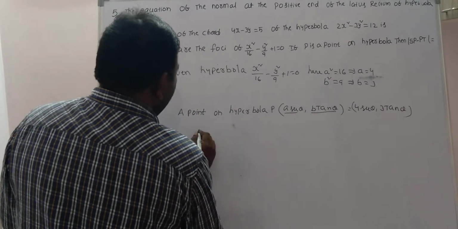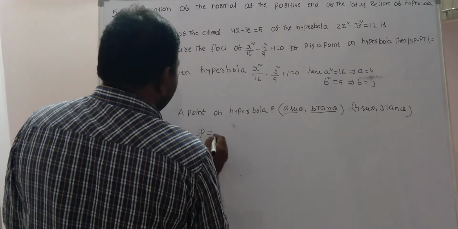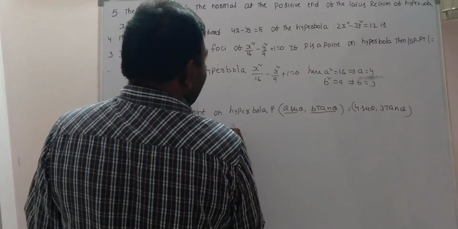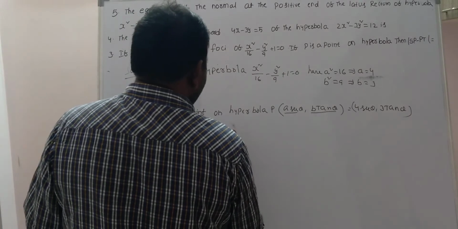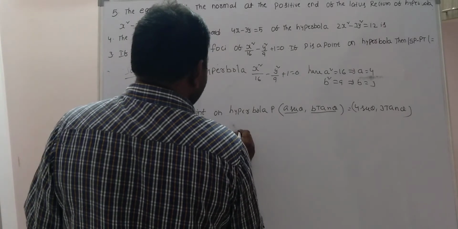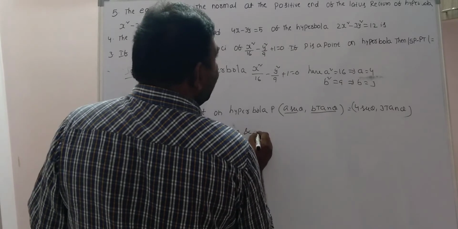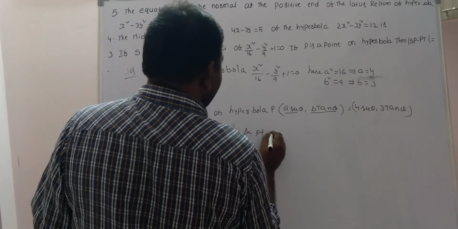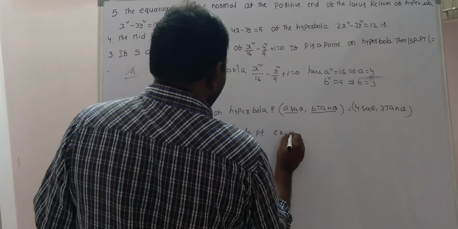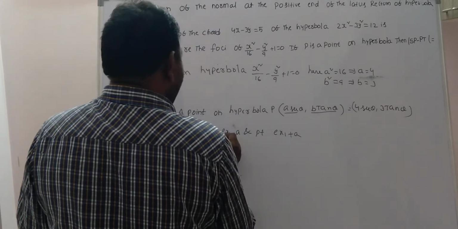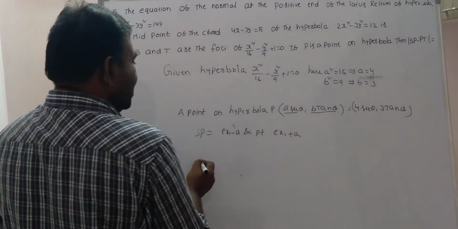Here, SP is equal to EX1 minus A and PT is EX1 plus A. We find E. E means eccentricity.